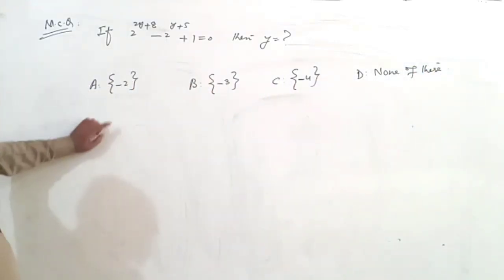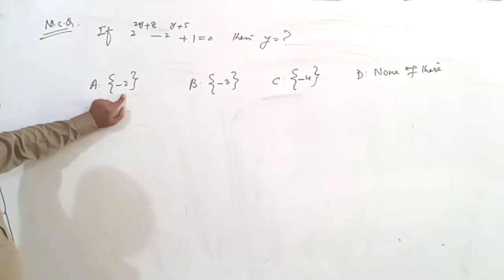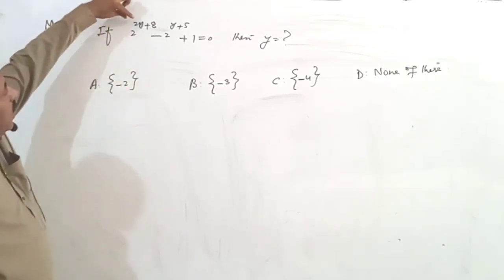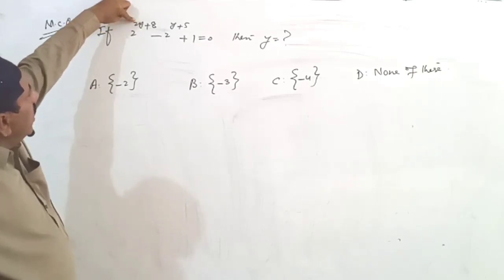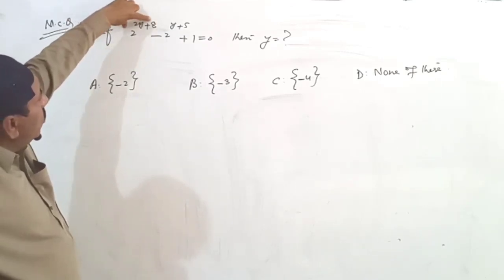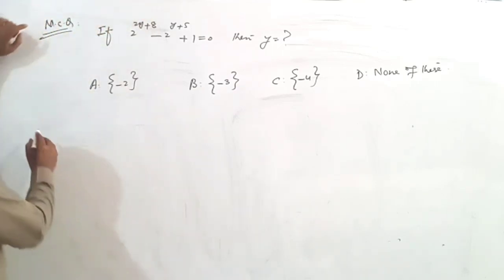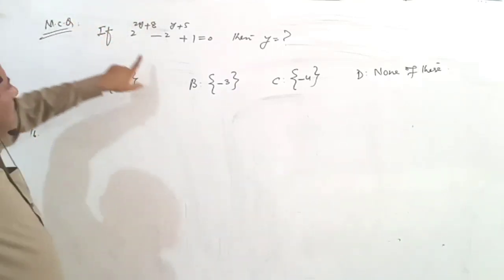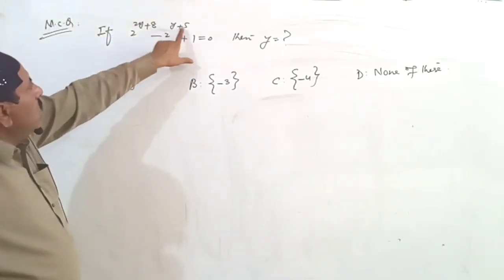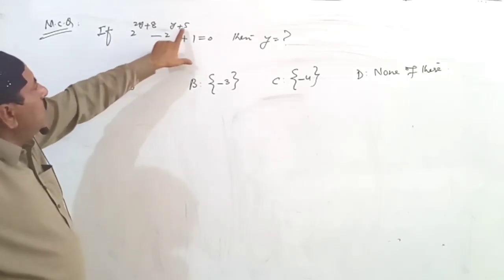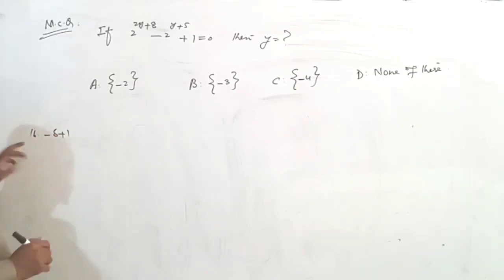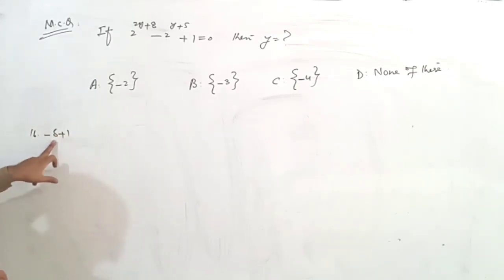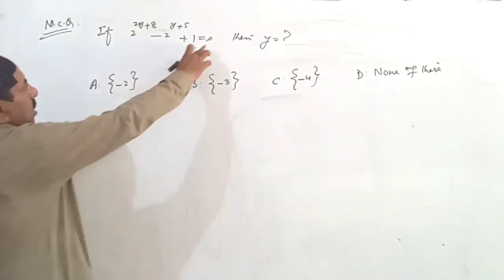So if it is minus 2, minus 2 into 2 is minus 4, minus 4 plus 8 is 4, 2 power 4 means 16. Minus 2 power 3 means minus 8, plus 1. 16 plus 1 is 17, minus 8 is 9, which cannot be equal to 0.